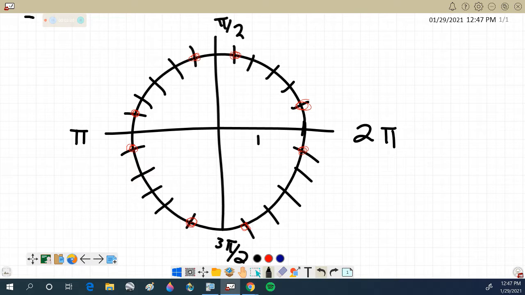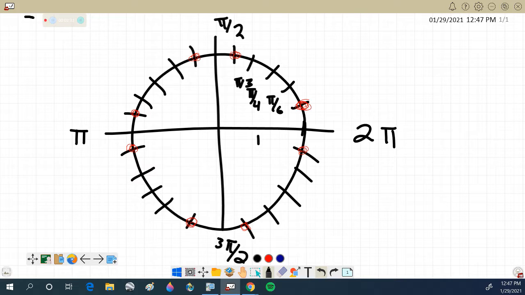Okay? So this one here would be 1 over 12, but we're skipping it. The next one would be 2 over 12, which is also known as pi over 6. The next one would be 3/12, which is pi over 4. And the next one is 4/12, which is pi over 3.